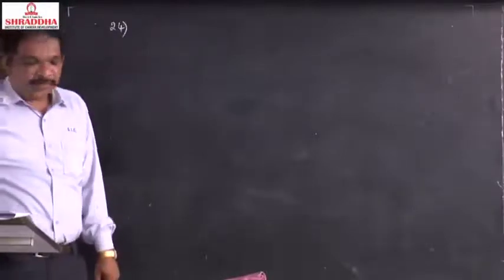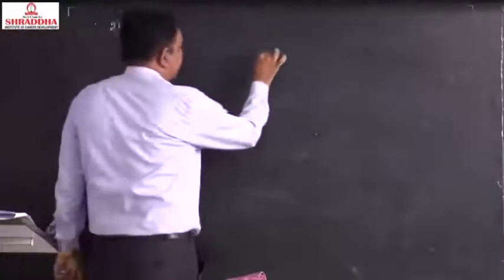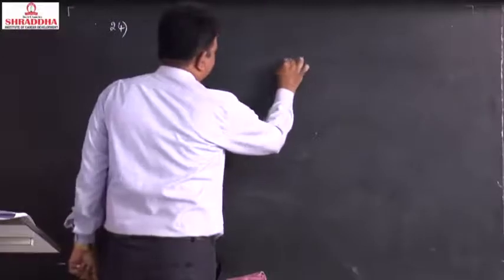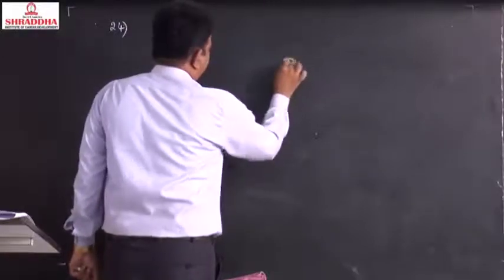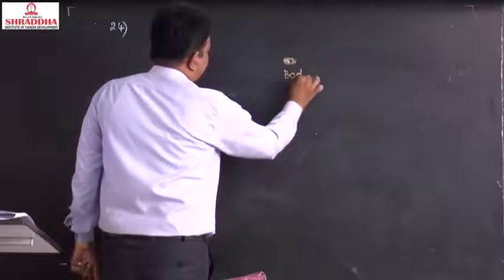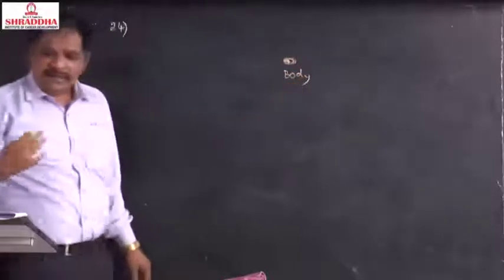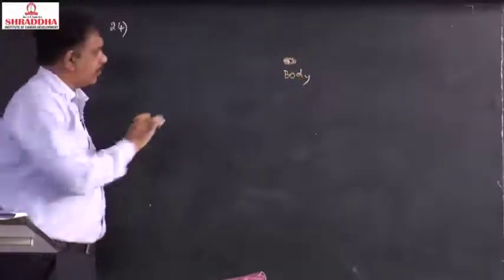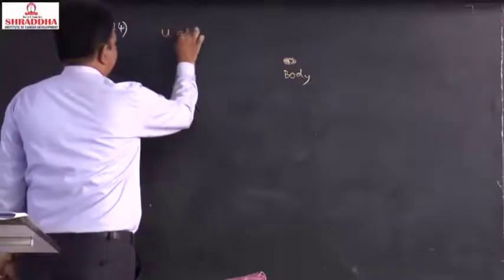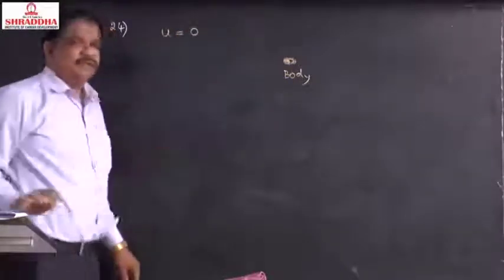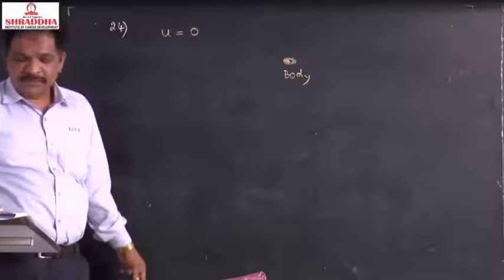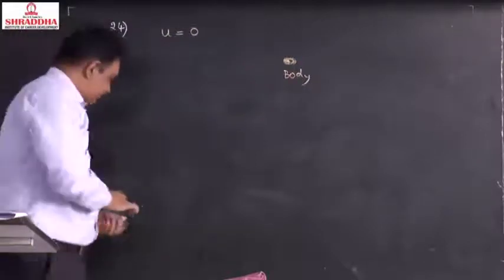Here, a body is there. This is the body. That body is initially at rest. So what is its initial velocity? 0. Clear?